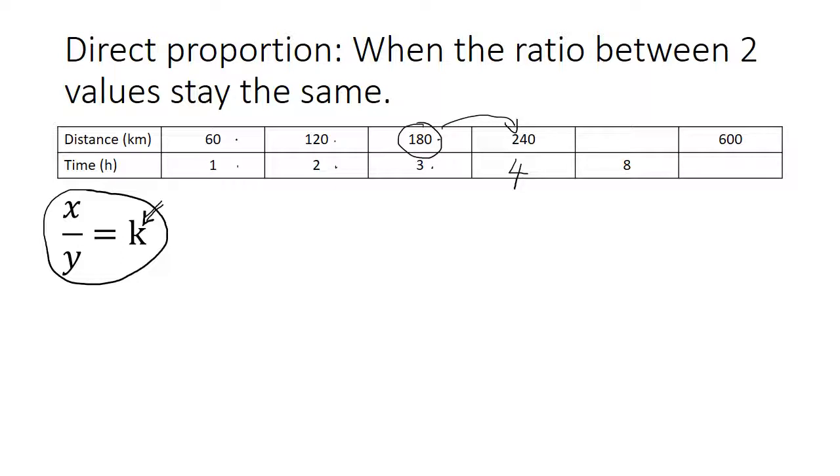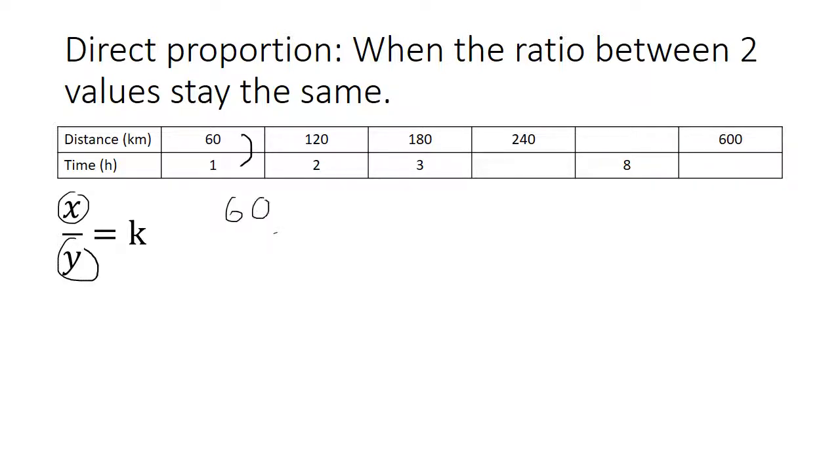Okay, let's have a look if we've got a direct proportion. We'll take our first two numbers, 60 kilometers in 1 hour, and swap them out for the x and the y. So then it'll be 60 over 1, which is 60 divided by 1, which is 60. So this is k.